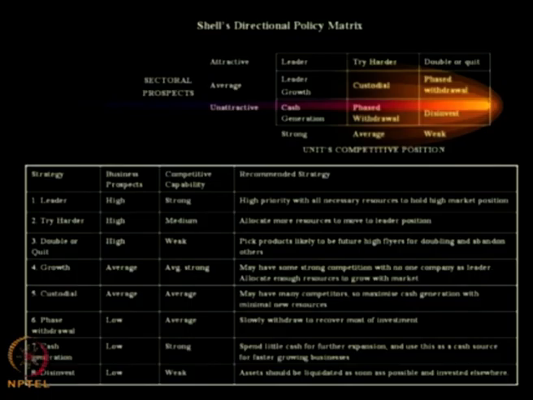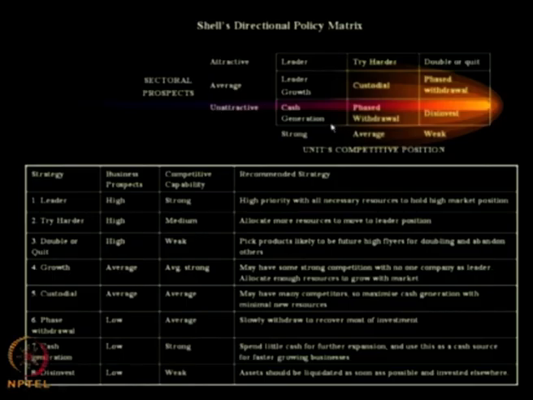Now, suppose your unit's competitive position again goes from strong to weak, but the sectoral prospects are unattractive. What is the type of strategy that is suggested? The company's unit's competitive position is very strong, but the sectoral prospects are unattractive.